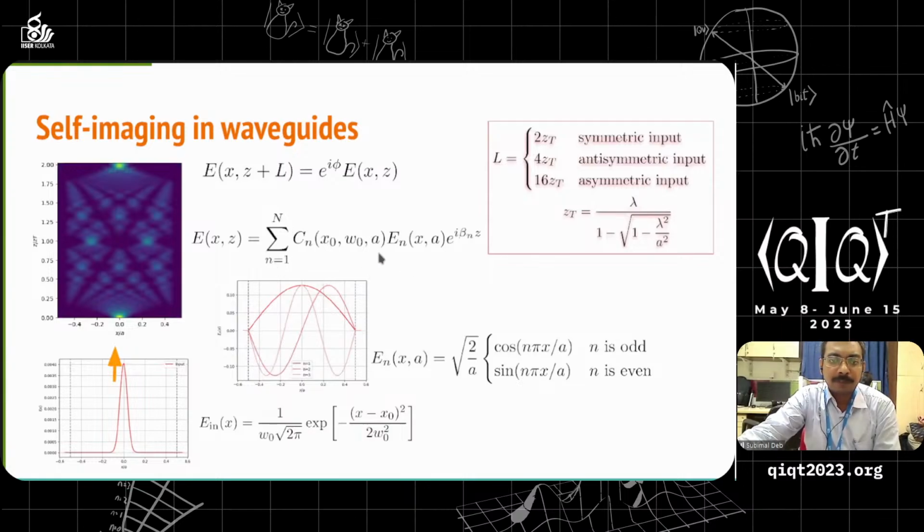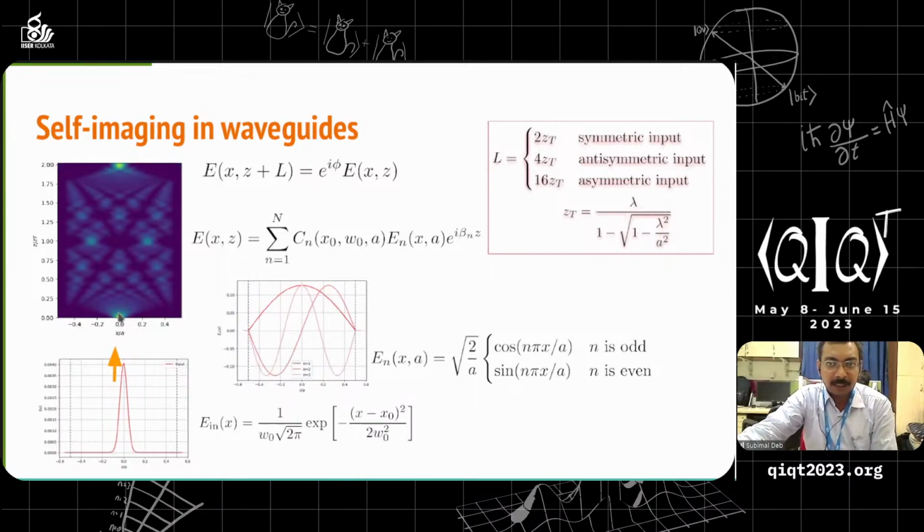So the coupling coefficients depend on the waveguide width, the width of the input beam, and the offset, whether you inject it in the middle or slightly away from the center of the waveguide. All these three factors contribute to this coefficient, and they can be calculated analytically also.